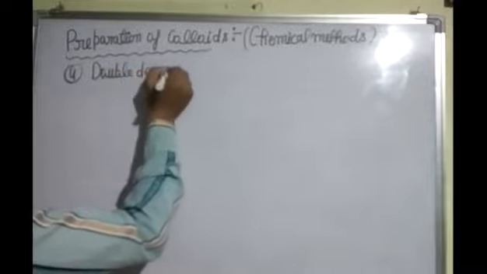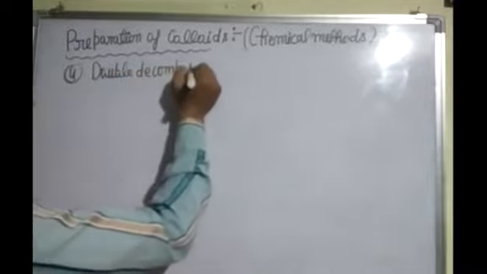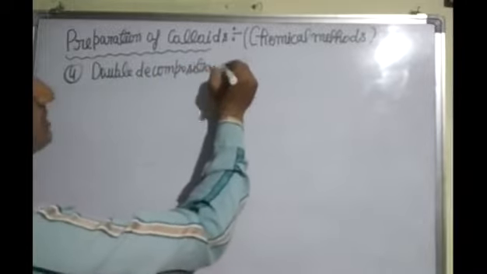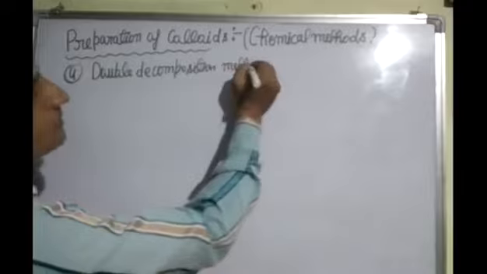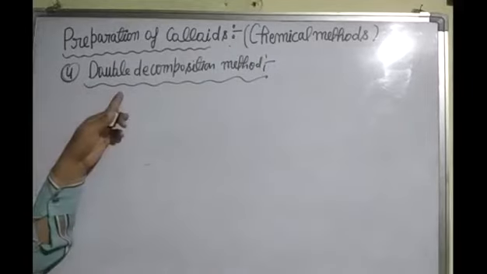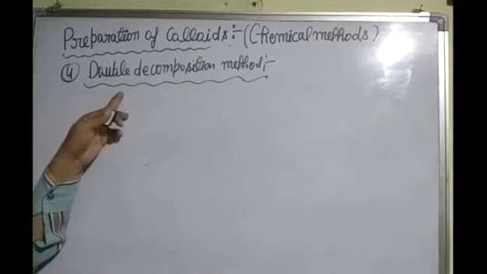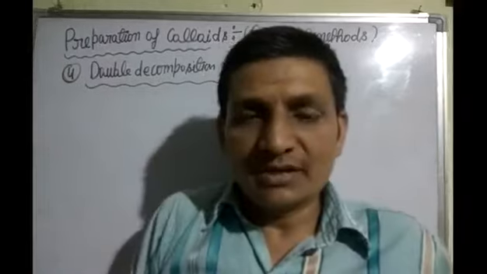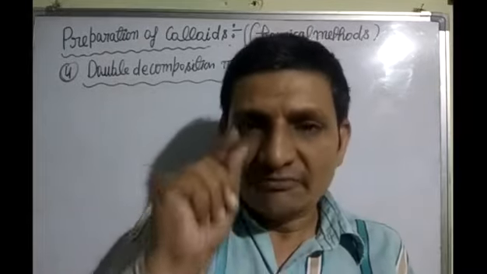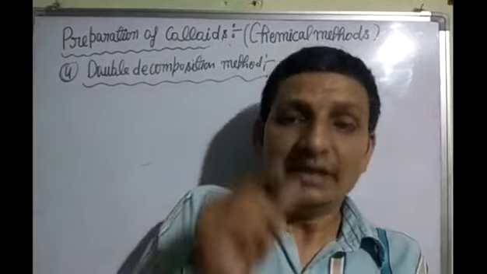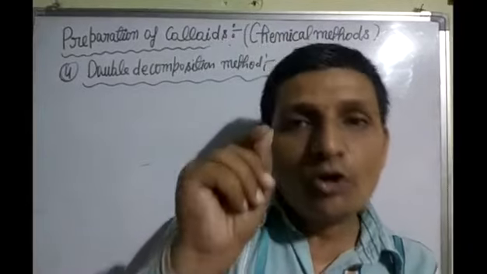Arsenic sulfide sol is prepared by passing hydrogen sulfide gas in a dilute solution of arsenic oxide.